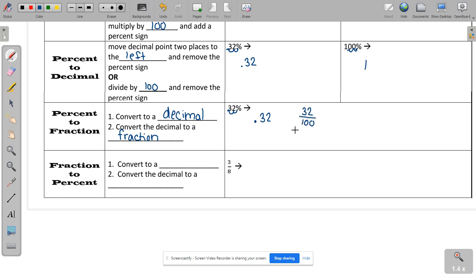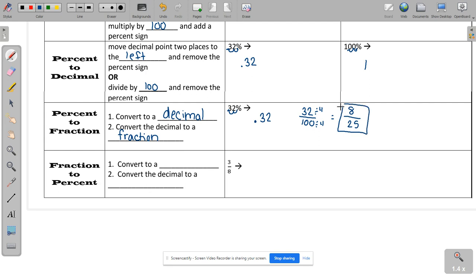But now we have to simplify. So what number divides nicely into both the numerator and the denominator? And that is 4. We can divide both by 4. 32 divided by 4 is 8, and 100 divided by 4 is 25. So 8/25 is our answer.